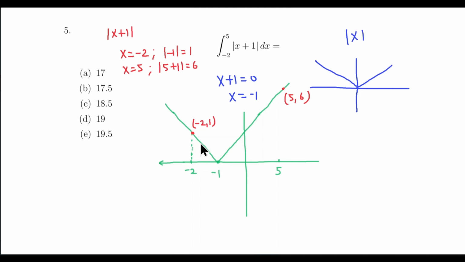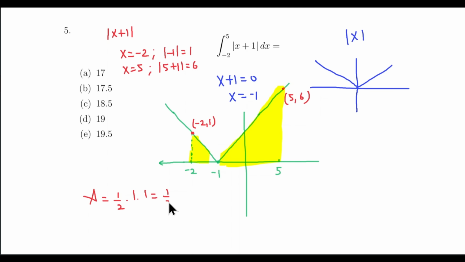Okay, area under the curve is just what? Area of this guy and the other guy. Both are triangles, of course, so the area formula is pretty straightforward. For the left piece, the area is going to be half base. Base is 1 unit, and height is also 1 unit.